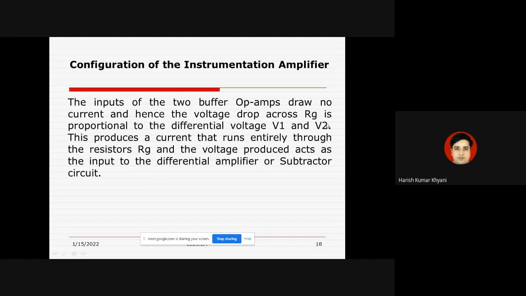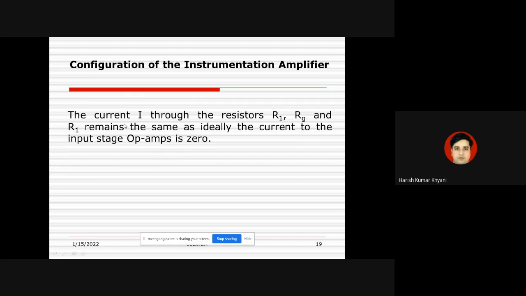This produces a current that runs entirely through the resistor RG, and the voltage produced acts as an input to the differential of the output stage. So the current I through the resistors R1, RG and R1, the R1 just above the RG and the R1 just below the RG, remains the same because they are connected in series, and ideally the current to the input stage op-amp is 0.